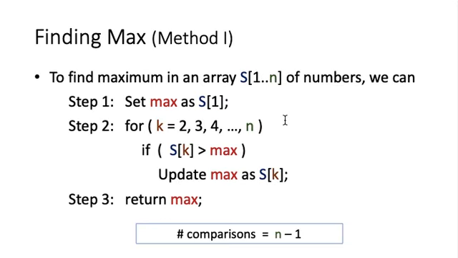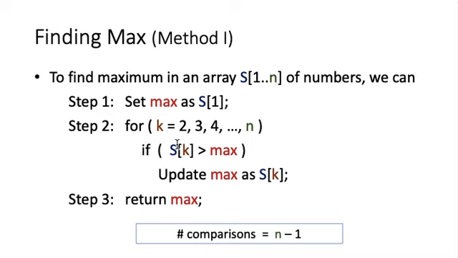Now let us take a look at the following method. We call it method 1 to find the maximum of an array of n numbers. So the input is an array S[1..n], and we want to find the maximum of these n numbers. We can first set max, which is a variable, to be equal to S[1].